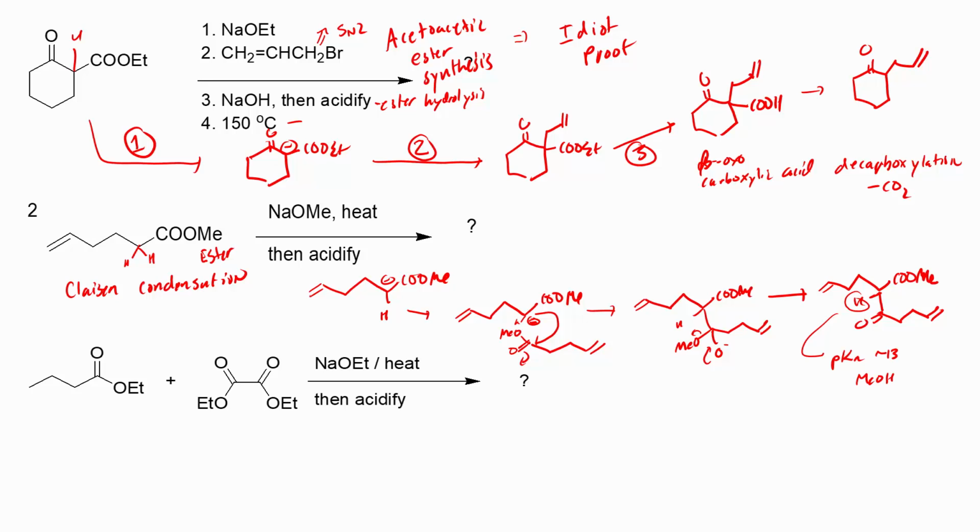Methanol has a pKa of about 16. Okay, so the methoxide that we generated cannot help but come along and pull this proton off. All right, so this is what you actually make until somebody comes along and adds some acid.